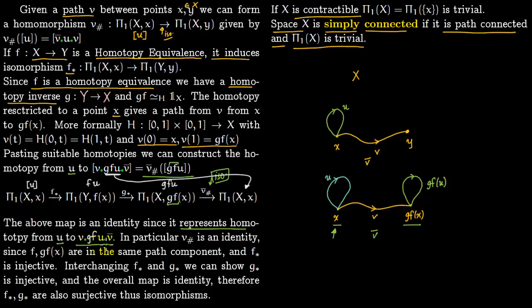So we have this homotopy here from u to this portion. So this map is an identity. This map is also an identity. Again, this map is an identity precisely because we have been able to construct a homotopy from u, which is relative to 0 1 because it's a loop, to this v gfu v bar.